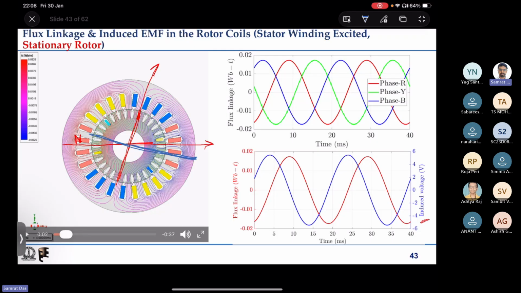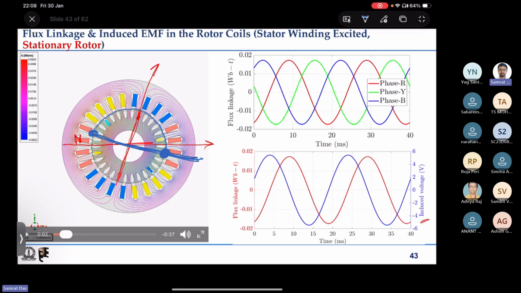In order to calculate the flux linkage of the R phase coil, we have to get the B distribution. So B along theta we have to get, and we have to take an integration from this axis point to the opposite point, that is this point.